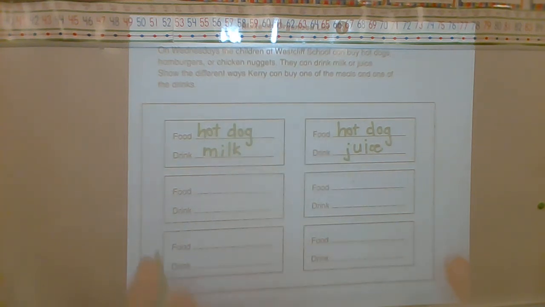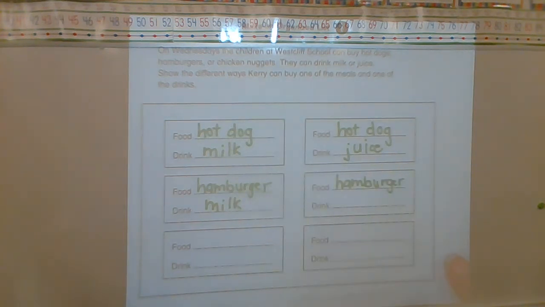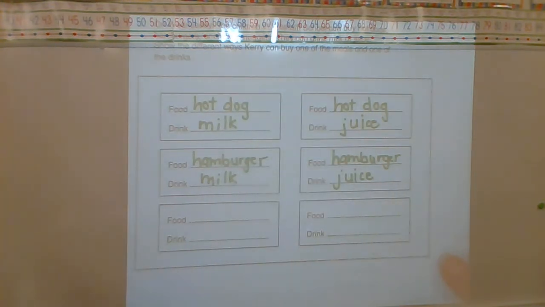And the next thing maybe is a hamburger. Carrie could get a hamburger. What was the first drink choice? Milk. That's right. So maybe hamburger and milk. What's the other drink choice? Juice. Is there anything else we can do with the hamburger?